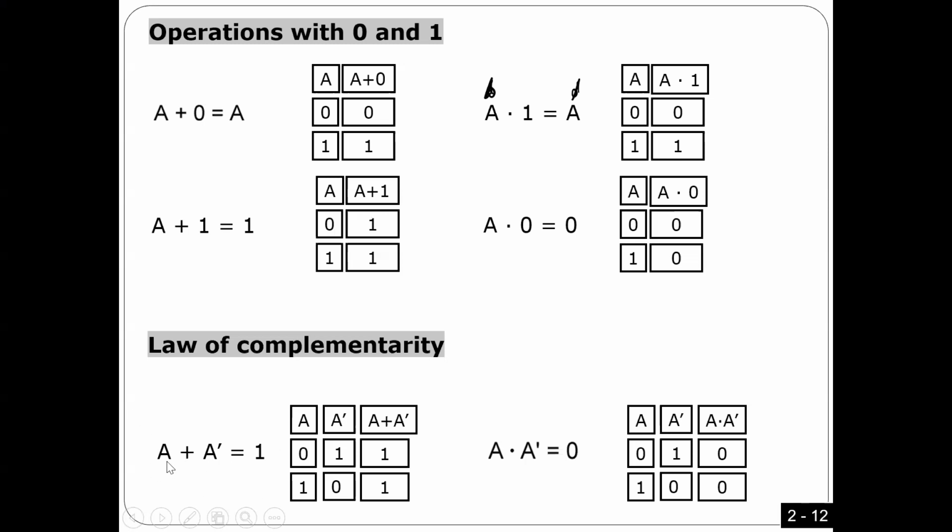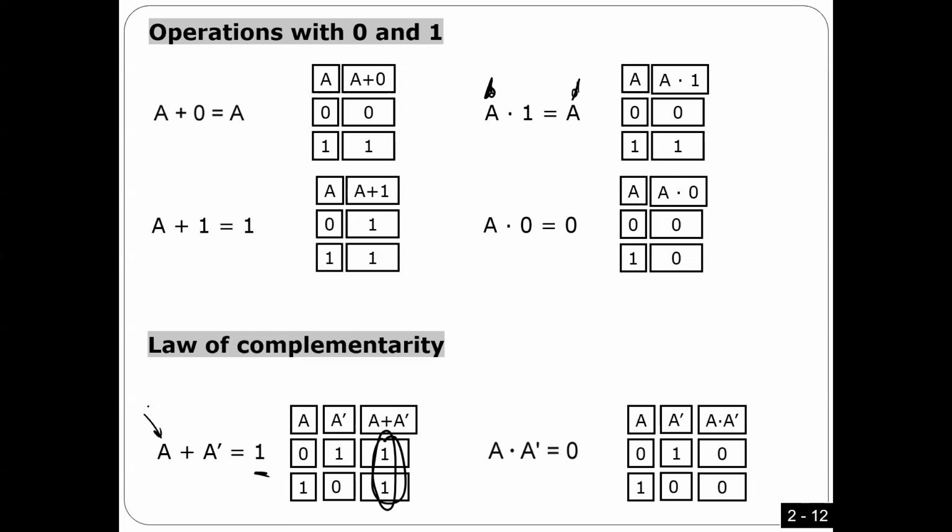Next one. A or A prime should equal 1. Again, I do it using a truth table here. This is A, and this is A prime. And then I calculated A or A prime, and I find it is 1 all the time. By intuition, I told you in the case of OR, it's enough that one input is 1.